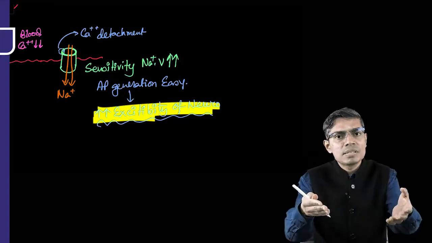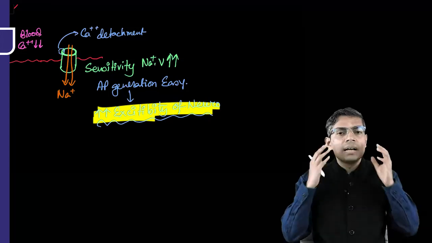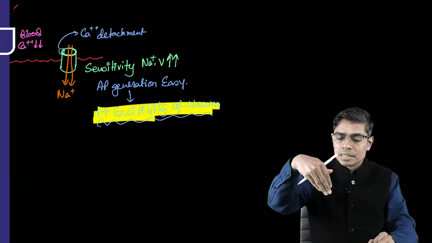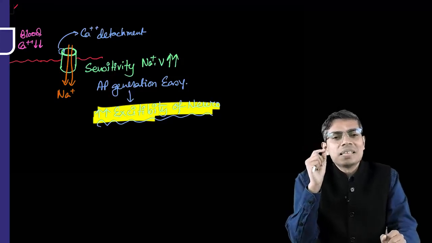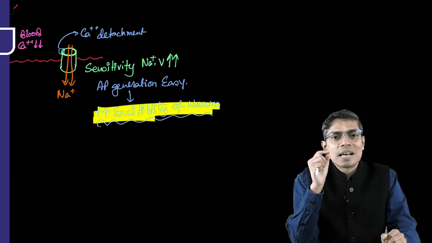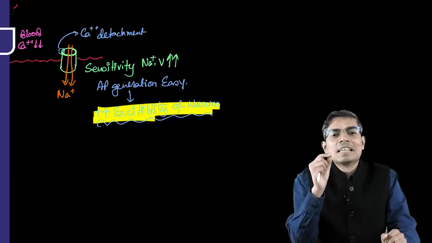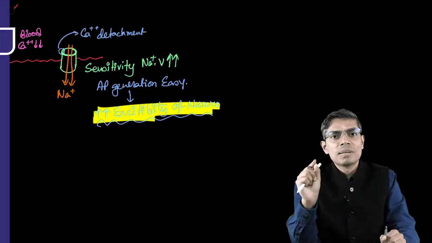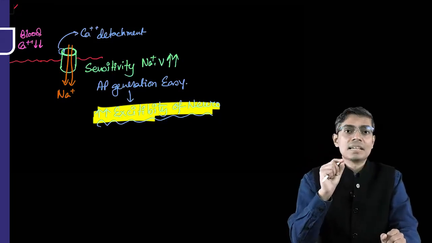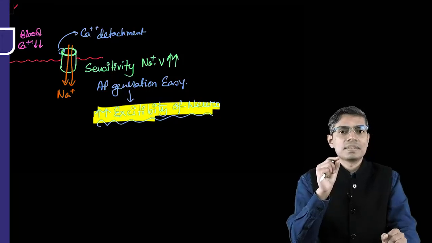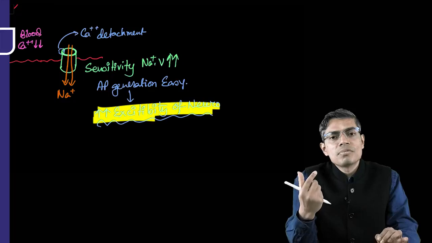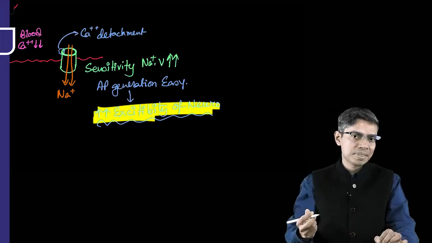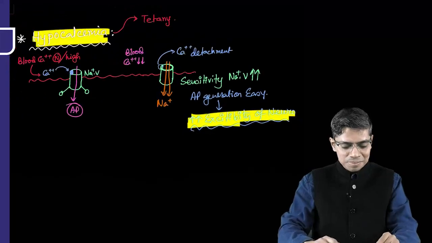If the neuron is giving stimulation, the muscle will say yes, I will contract, and that will lead to spasm either in the hand or in the facial muscle. That is the reason for spasmodic contraction of skeletal muscle in hypocalcemia. It is not a problem of skeletal muscle. This is the increased excitability of the neuron, and that is due to calcium removal from the extracellular mouth of the voltage gated sodium channel, right?